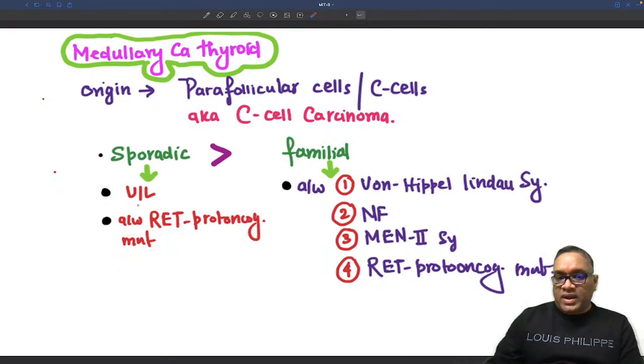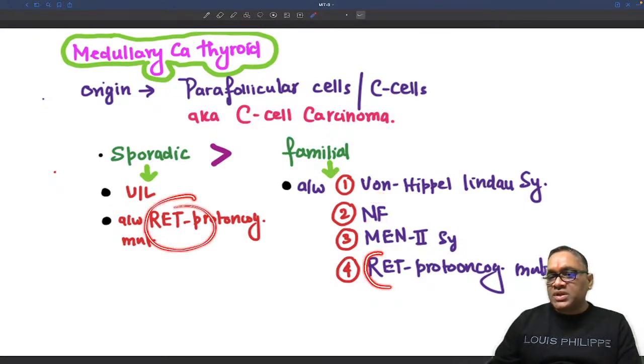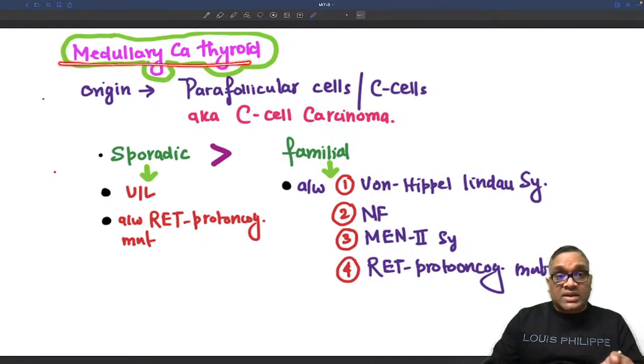Medullary carcinoma thyroid is associated with RET proto-oncogene mutation, right? And familial cases are associated with von Hippel-Lindau, NF, MEN2, and again RET proto-oncogene. So you can see that RET proto-oncogene mutation is associated with which cancer? Medullary carcinoma of thyroid. Both types, sporadic and familial, right?